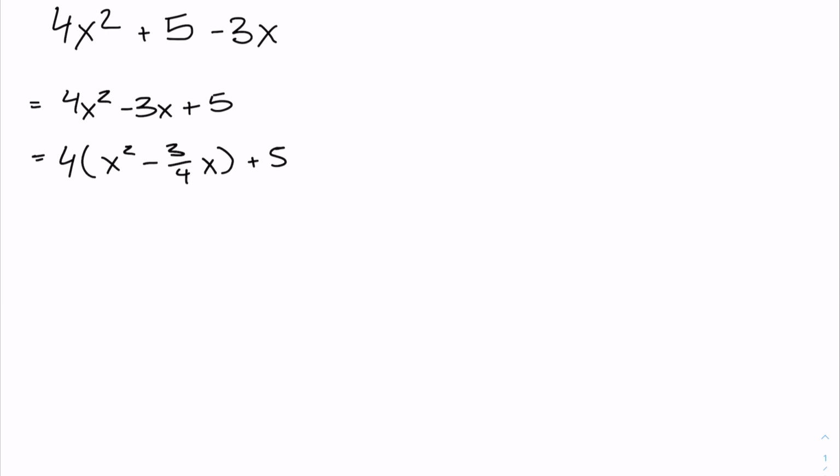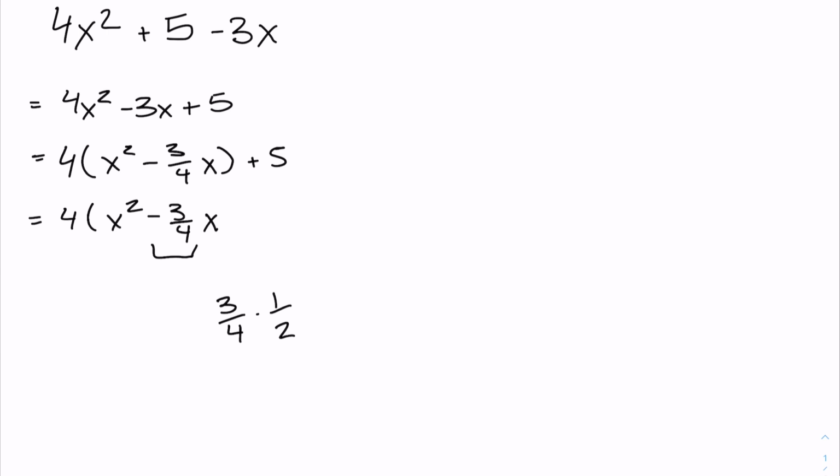Now what you're going to do is you're going to rewrite this first section here. And now you're going to take half of this coefficient here and square it. You don't have to worry about the negative sign. So what you're really doing when you're taking half of something is you're either dividing it by 2 or multiplying it by a half.